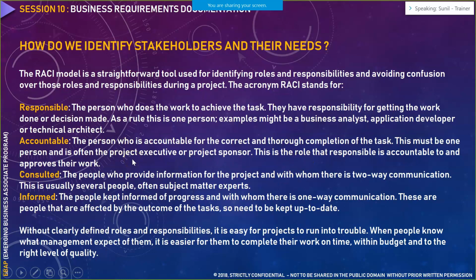A project executive or project sponsor does not do any of the work which the BA, application developer, or technical architect does, but they are accountable for delivering that project. If a project fails for any reason, they won't ask who is responsible. They would always ask who is accountable: the project executive and the project sponsor. Your BA, your developer, your technical architect would never be questioned.